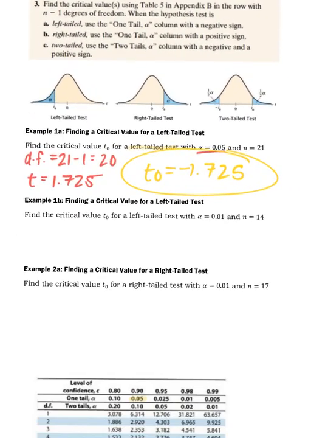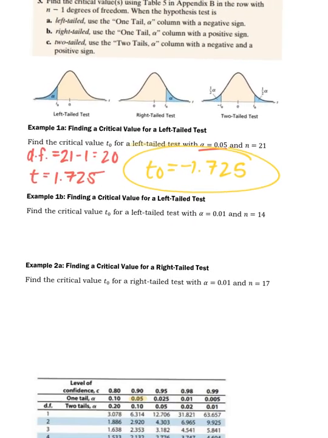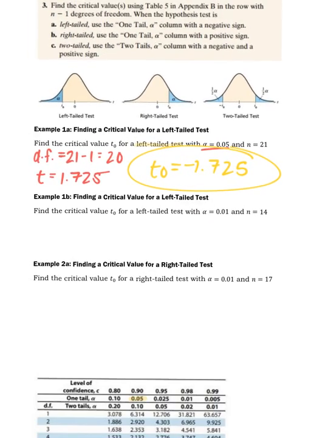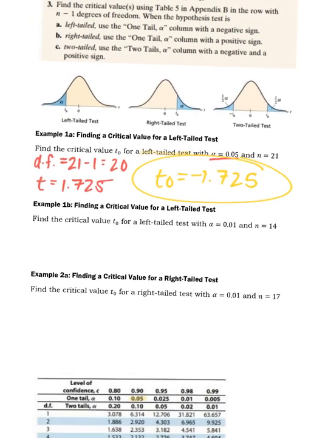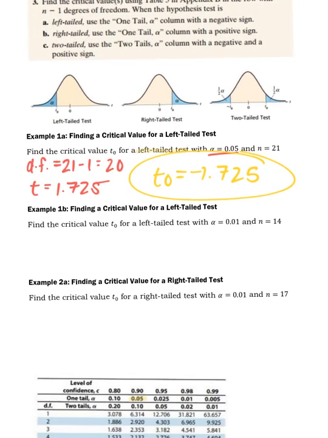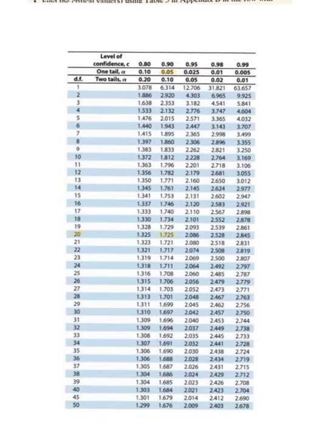All right, let's look at the next example. Same thing, finding a critical value for another left-tailed test. This time we have a level of significance of 0.01 and a sample size of 14. First we find the degrees of freedom by doing the sample size minus 1. Okay, and we are going to use left-tailed test, and we're going to use our level of significance of 0.01. So let me bring that chart back up.